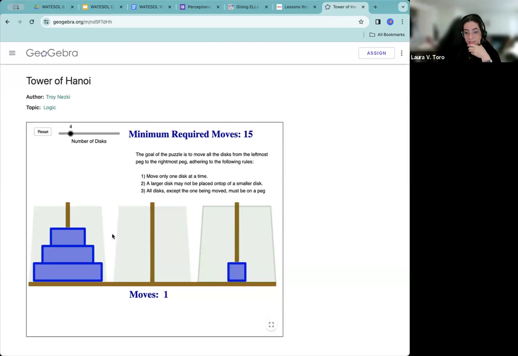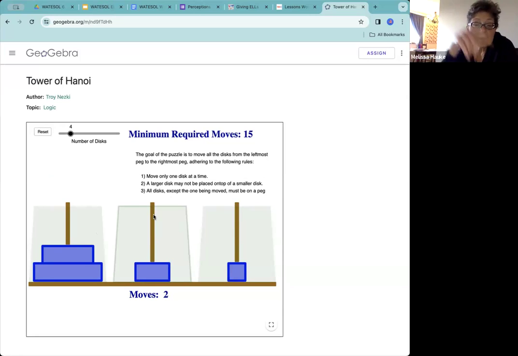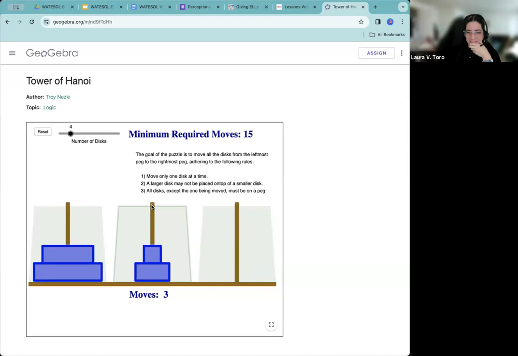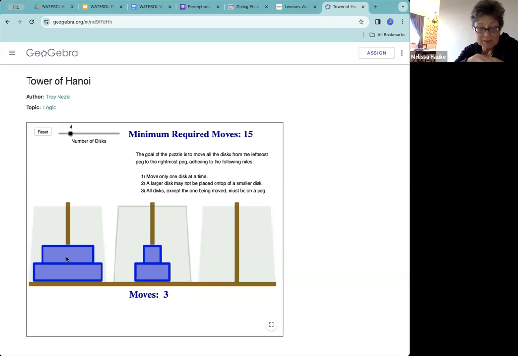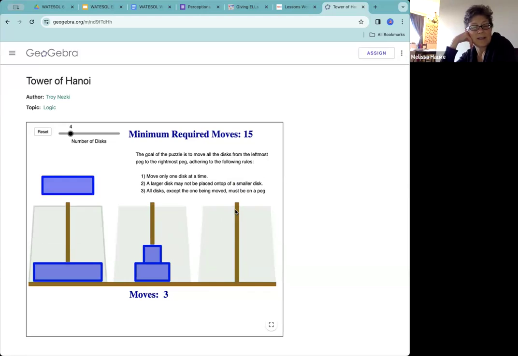Then the next one in the second column. A larger disk might not be placed on top of a small one. So, oopsie, the small one on top of the one in the middle. And then, I guess that one to the far side.